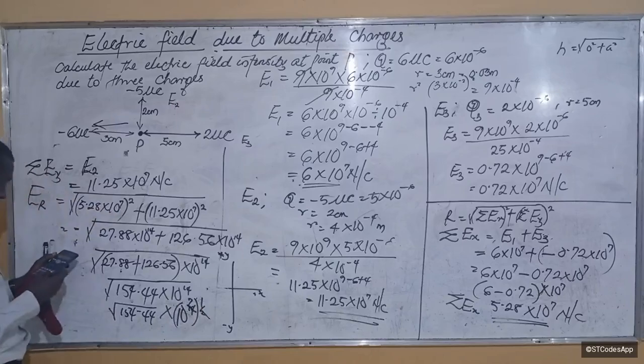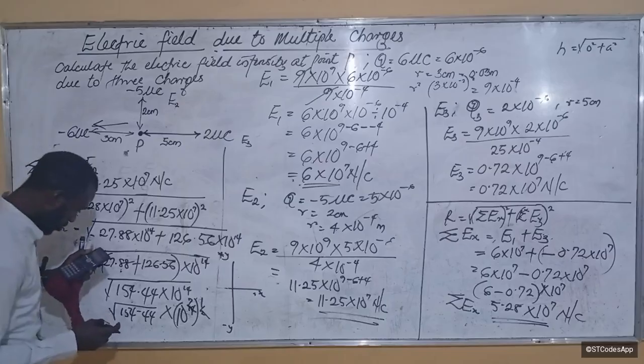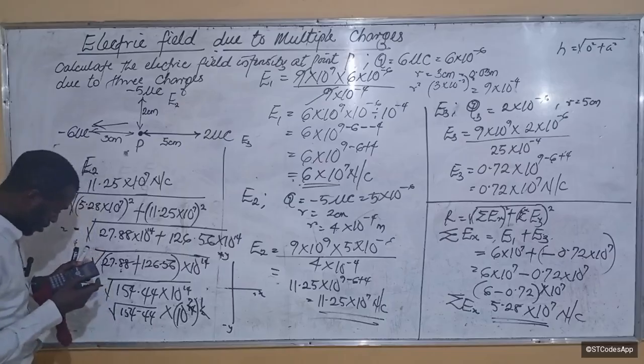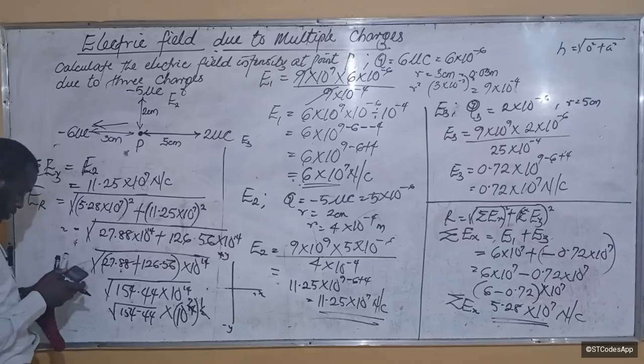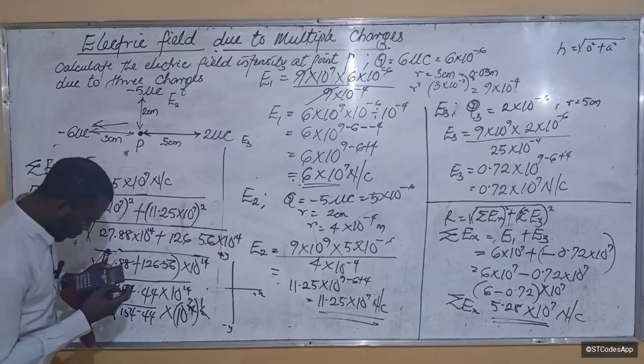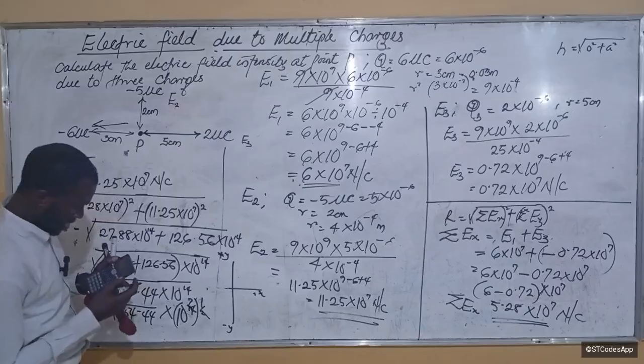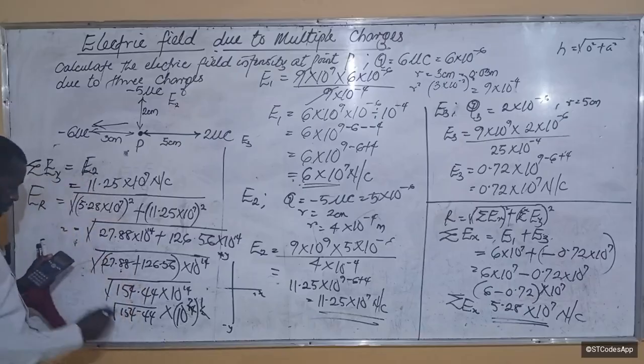Then the square root of 154.44 is, this calculator is having issues, I think it's 12.42 or something.